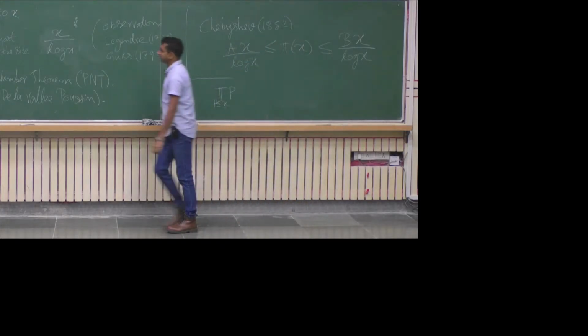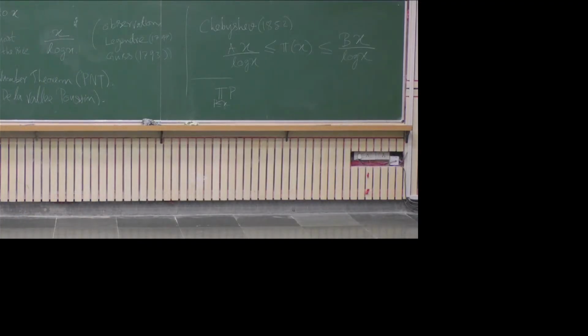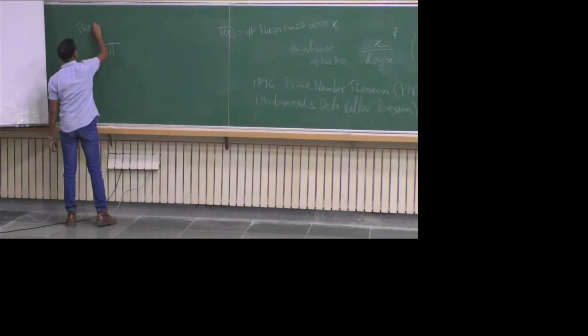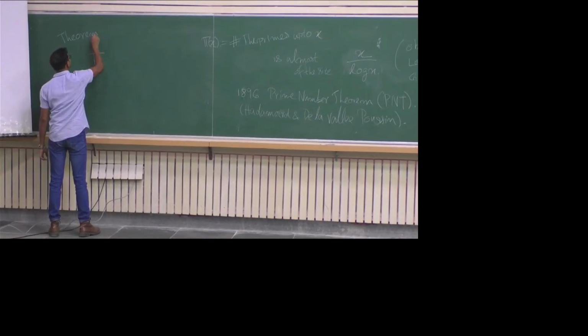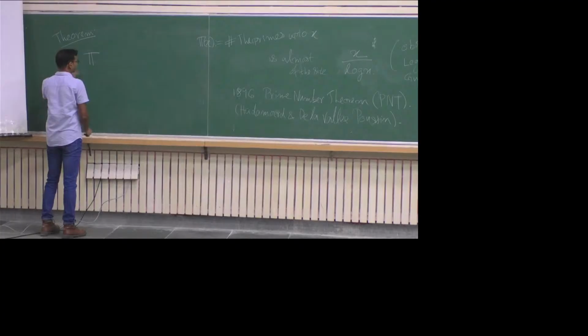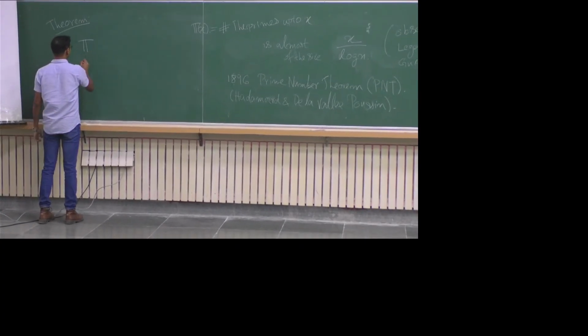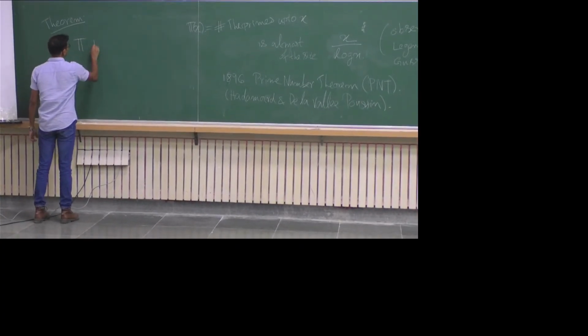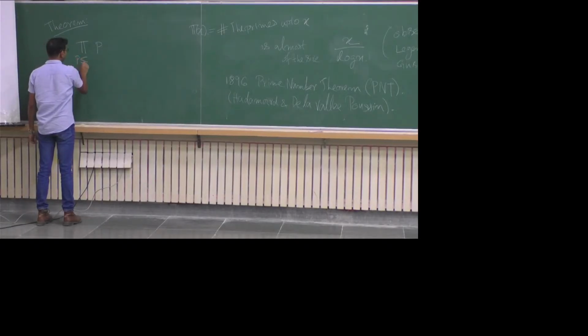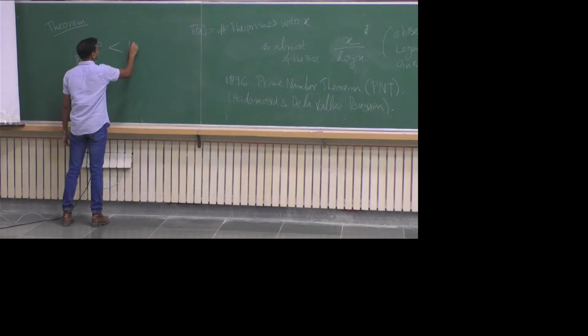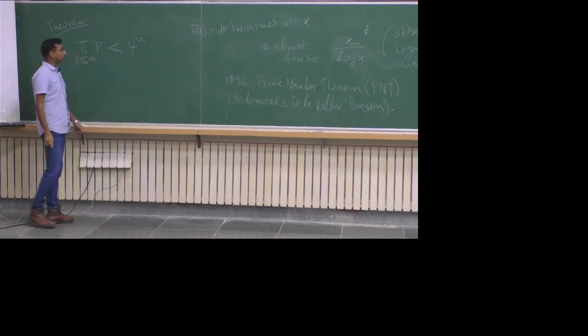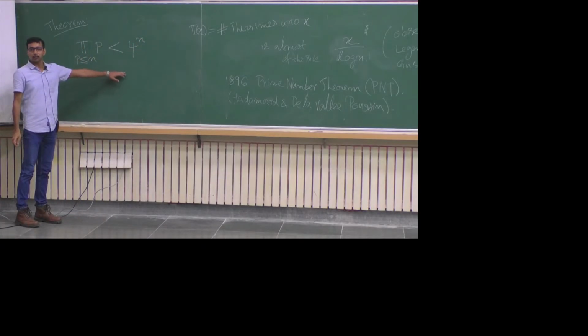So this was the observation, the first theorem that we prove in this lecture, and this is going to be a rather simple thing. Consider the product of all the primes p which are less than or equal to n. Then we are going to show that it is bounded above by 4 to the power n.